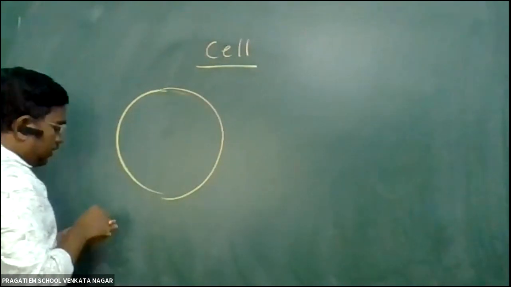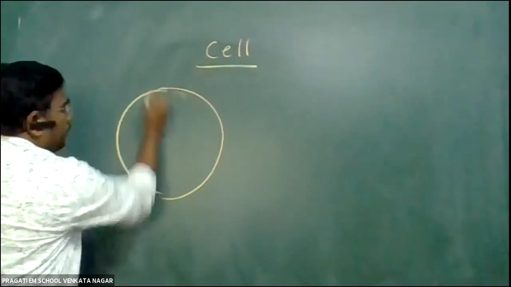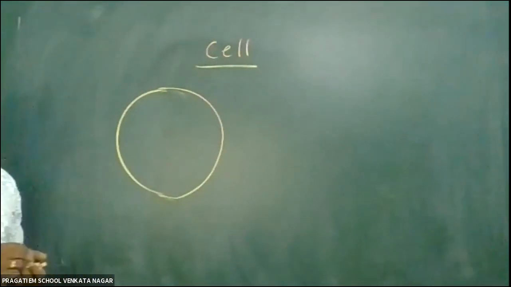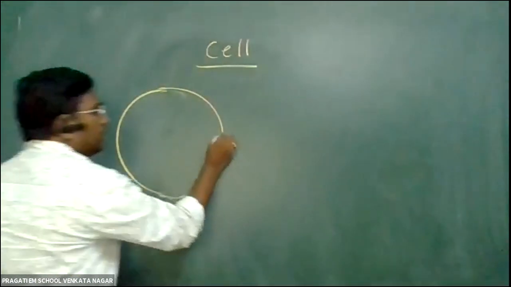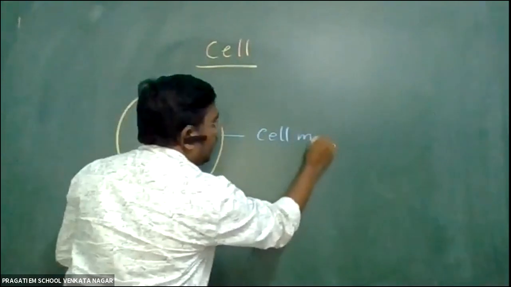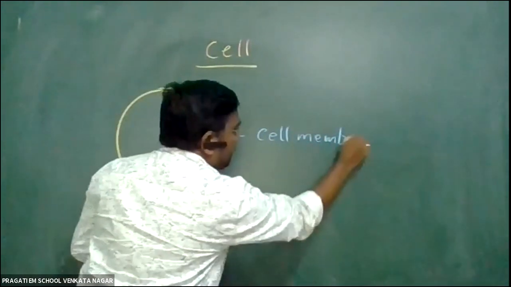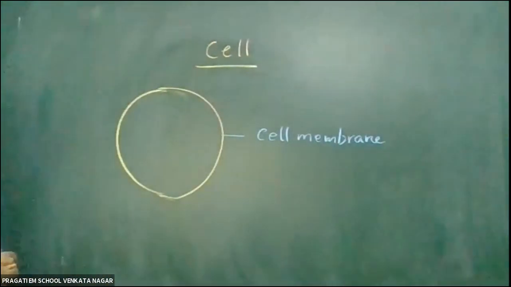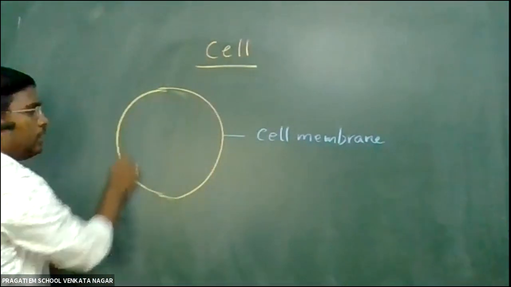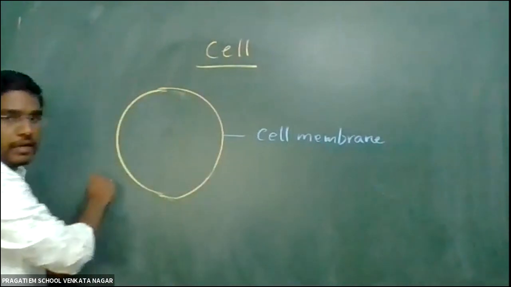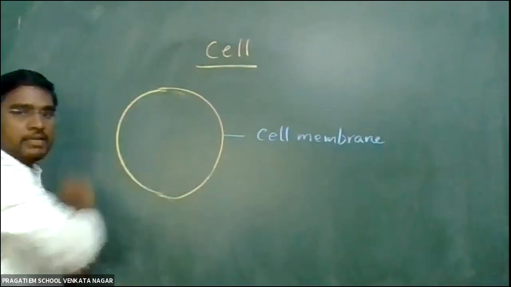Here, the outer surface of this cell that is drawn, we generally call the cell membrane. The cell membrane is the outer boundary of the cell.